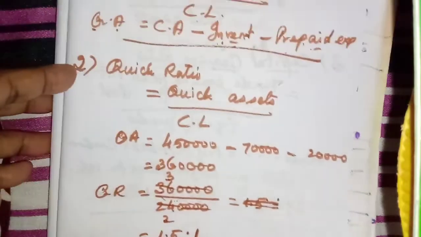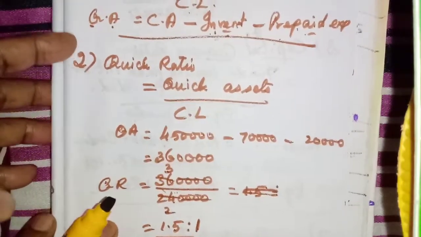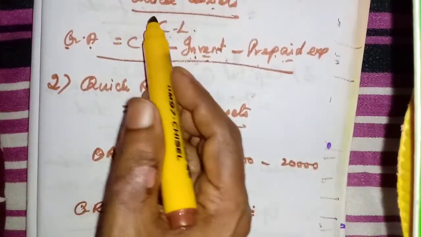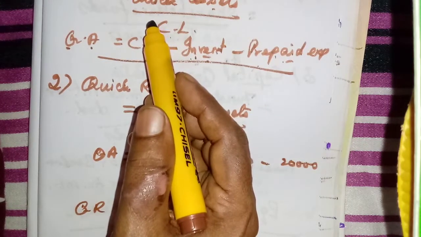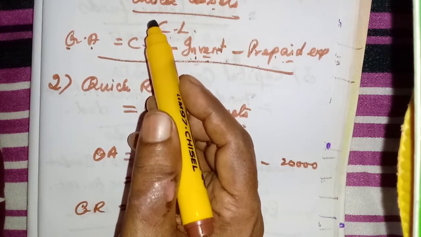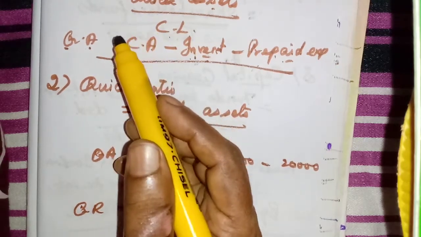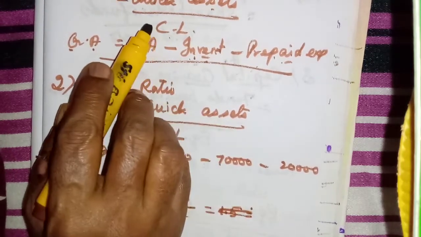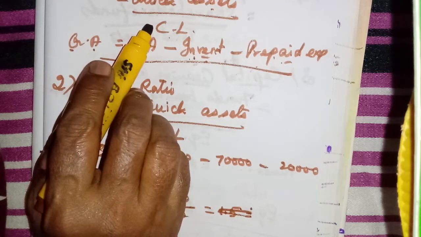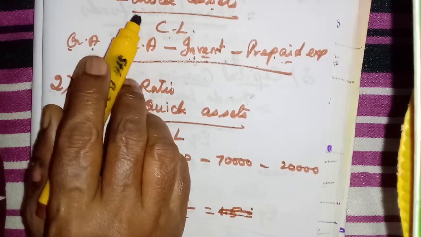Then the next ratio is the quick ratio. This quick ratio is also called liquid ratio or acid test ratio. In previous years we learned liquid ratio only; it has another name.